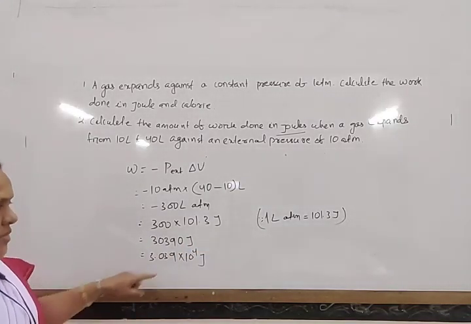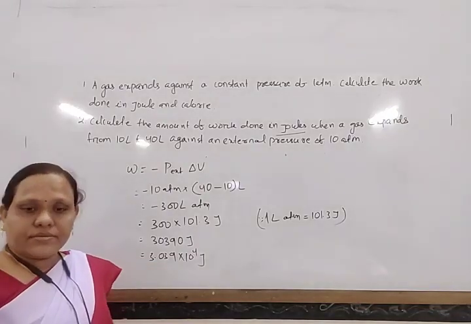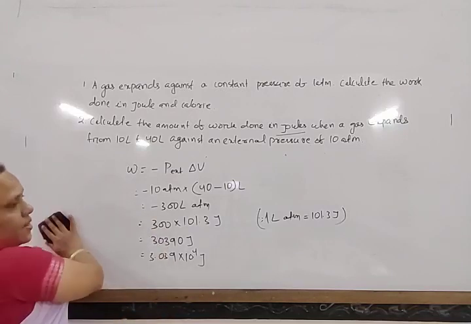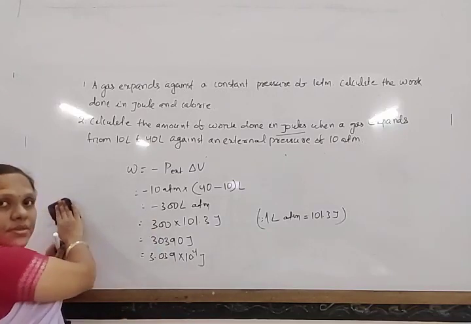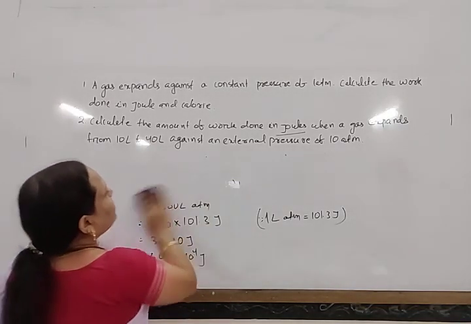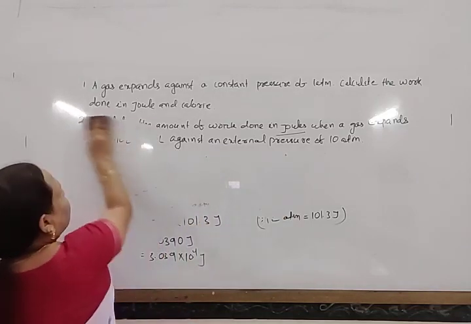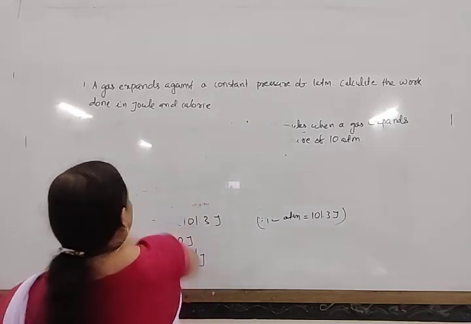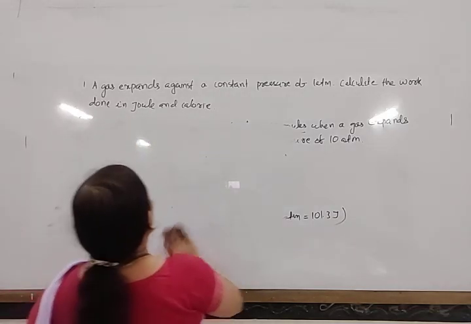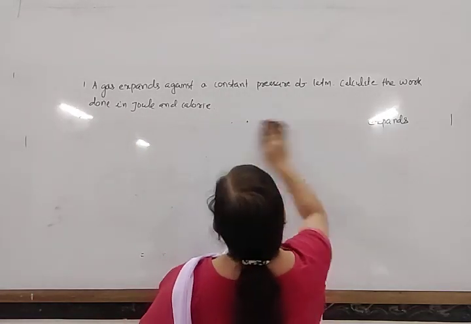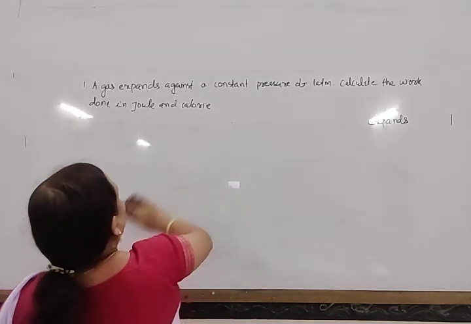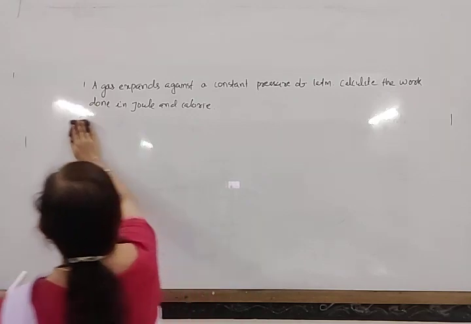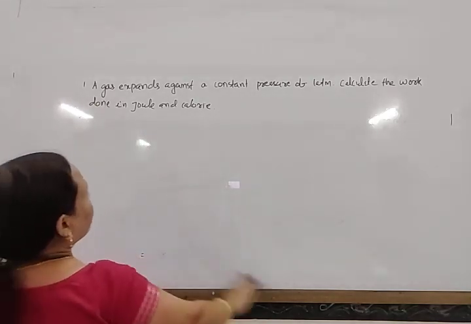In this way you can solve. Next, question number 1 is also the same way. Note this down. A gas expands against a constant pressure of 1 atmosphere. Calculate the work done in joule and in calories.